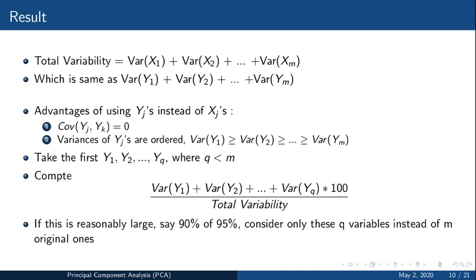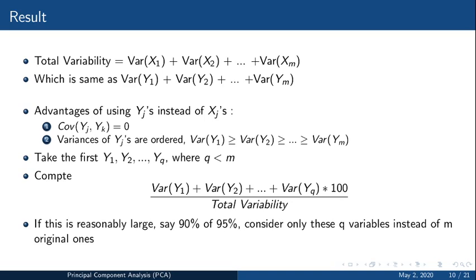See, the covariance of yj comma yk is 0. They are orthogonal, and the variances of yj are ordered. Variance of y1 should be greater than or equal to variance of y2, greater than or equal to, and so on. So the largest variance will be captured in y1, then the second largest, and so on.